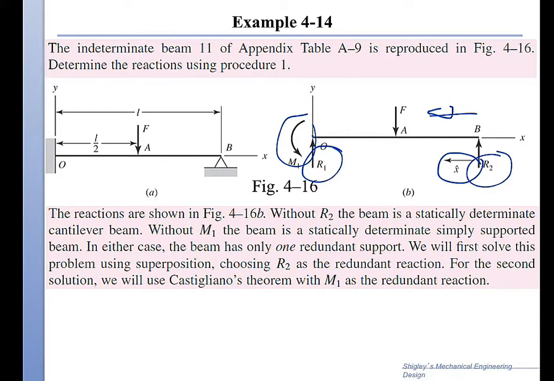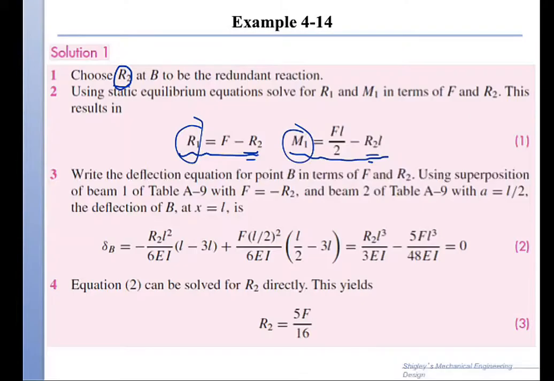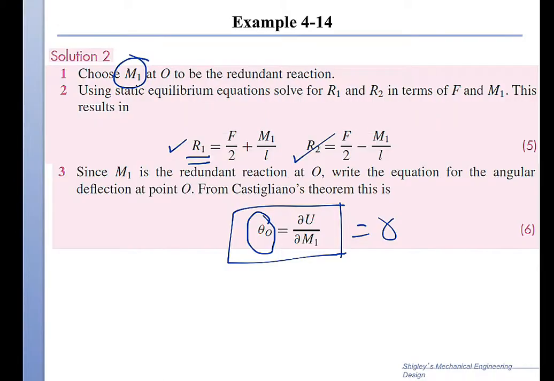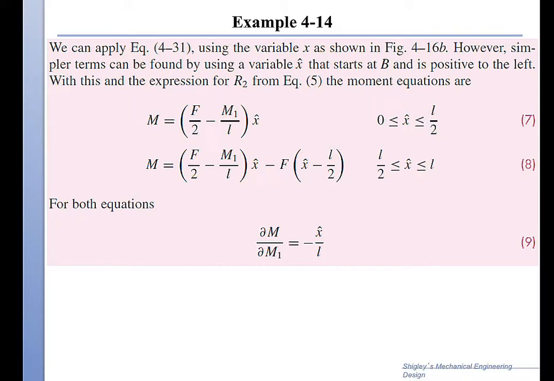The reason is that if I move with x hat and make a cut here, then the moment is going to be simple. It'll be R2 times x hat, and as I cross this point A and take a cut here, then the moment will be R2 times x hat minus F times (x hat minus L over 2). So I can use singularity functions to write an equation for the moment.